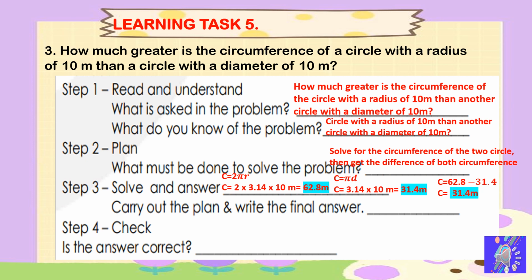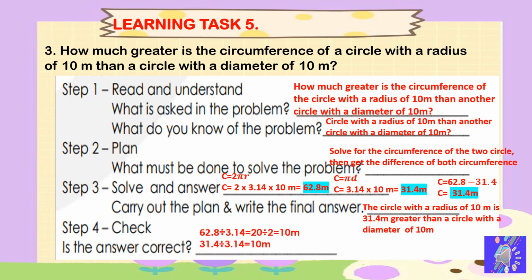The first circle has a circumference of 62.8, and the second circle, which has a diameter of 10 meters, has a circumference of 31.4. So if we subtract, the answer will be 31.4 meters. That means the circle with a radius of 10 meters is 31.4 meters greater than a circle with a diameter of 10 meters.